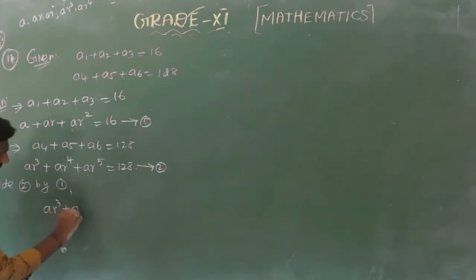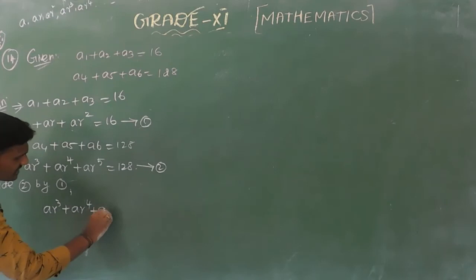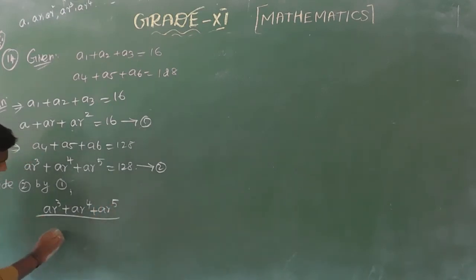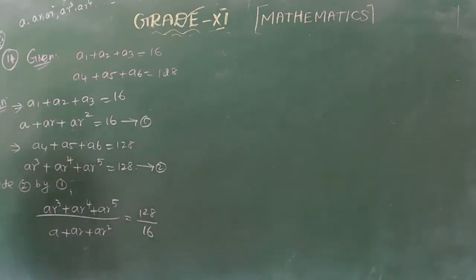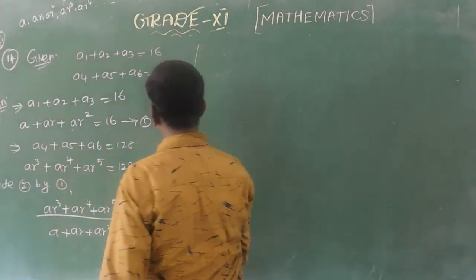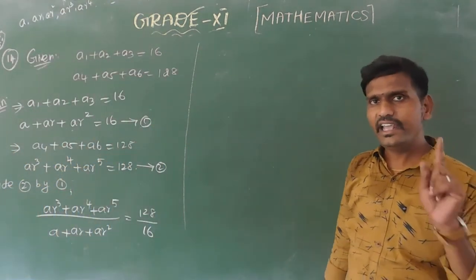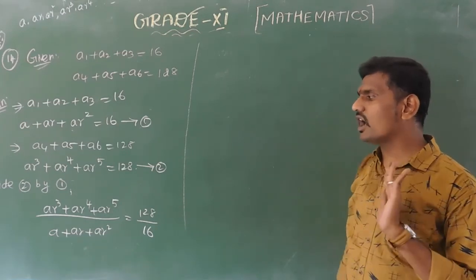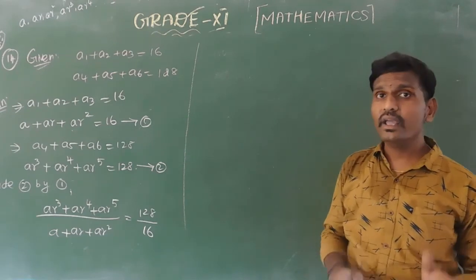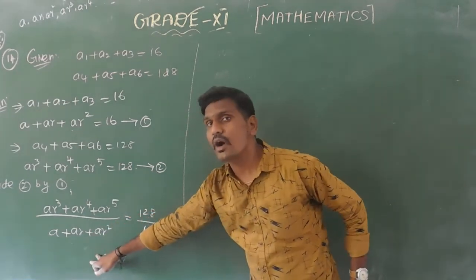ar cube plus ar power 4 plus ar power 5, whole divided by a plus ar plus ar square, is equal to 128 by 16. Look at the numerator. What terms are common? a is common and r cube is also common. But I am not going to take a, because I am going to eliminate the terms of the denominator.